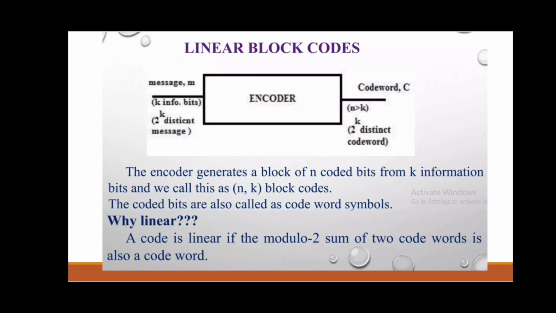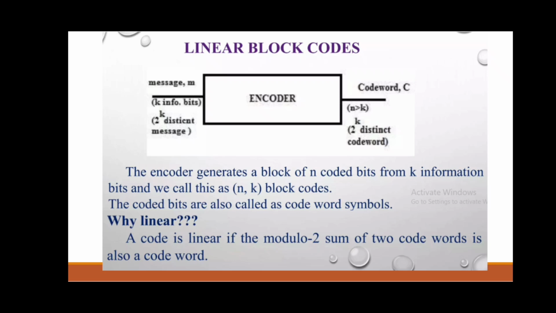The n will always be greater than k because we are adding some bits to k to finally code these message bits, and the code word, that is C, will be of n bits, small n bits.